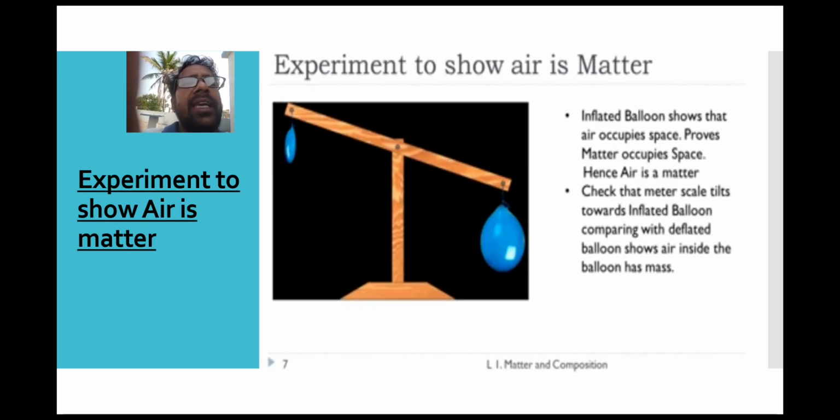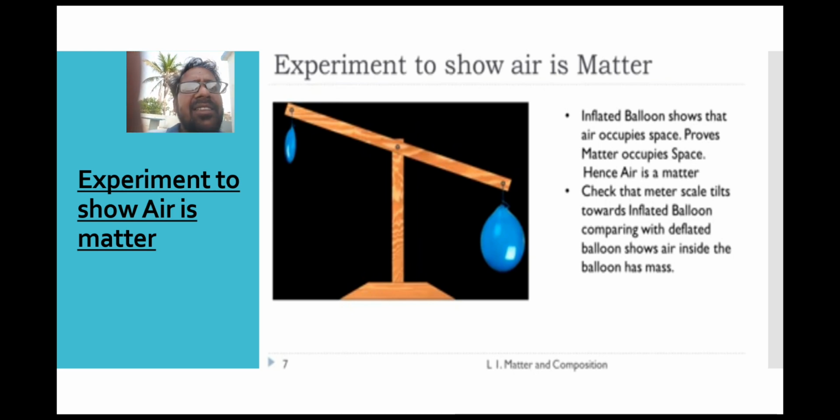Experiment to show air is matter. Yes, it is invisible, you cannot see where the air is. So we can show an experiment here. You can see one balloon is filled with air, the other is empty. An inflated balloon shows that air occupies space, proving matter occupies space. What is written here?